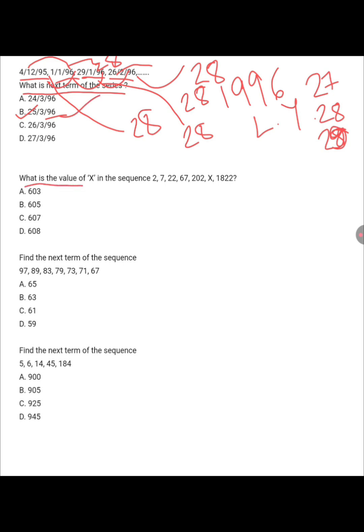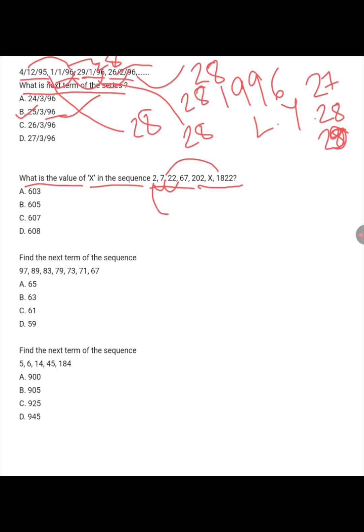And what is the value of x in the sequence 2, 7, 22, 67, 202, x and 1822? Here the numbers are increasing by a large amount, so I think something is being multiplied.